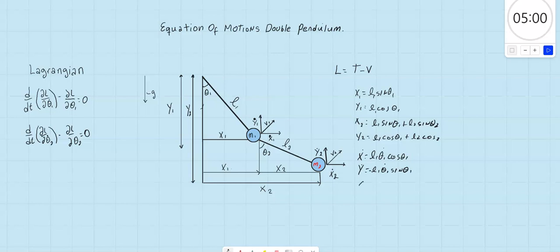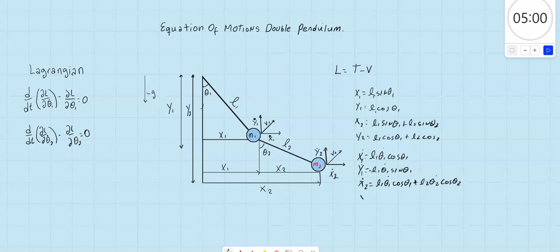My x2 dot will be L1 theta 1 dot cosine theta 1 plus L2 theta 2 dot cosine theta 2.